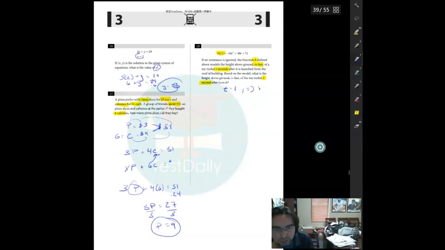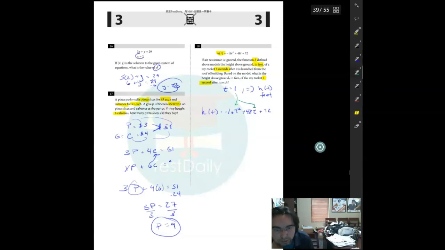So what is h of t, in feet? Taking that and plugging it in, we have the equation h of t equals negative 16 t squared plus 48t plus 72. Wherever we see t, we're just plugging the 1 in.